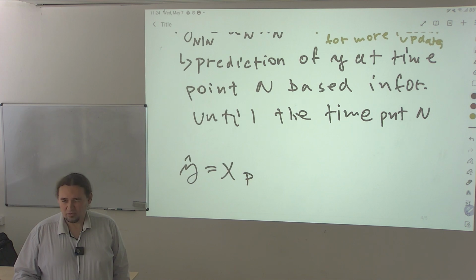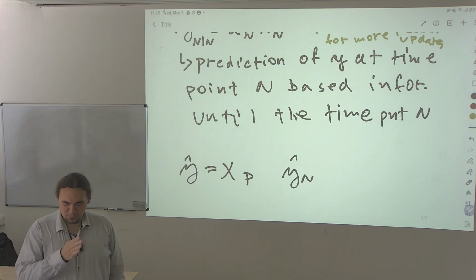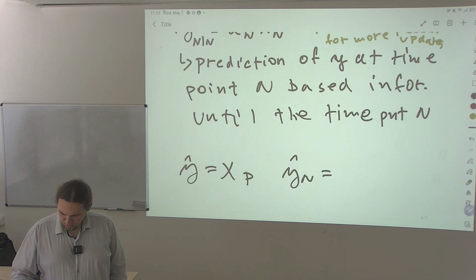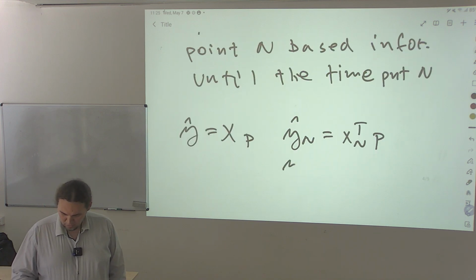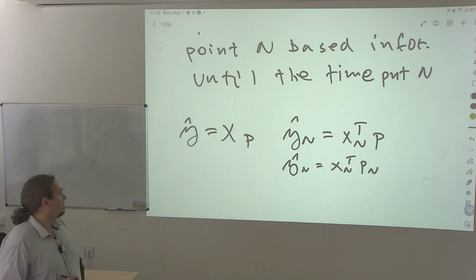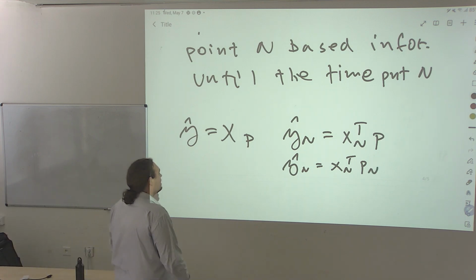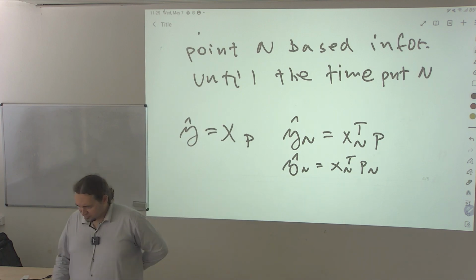Let's maybe also write it in this way, like at end point in time. If we want to update our parameters, this will be the world we are living in.